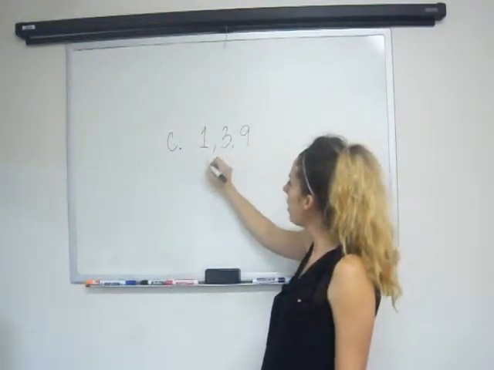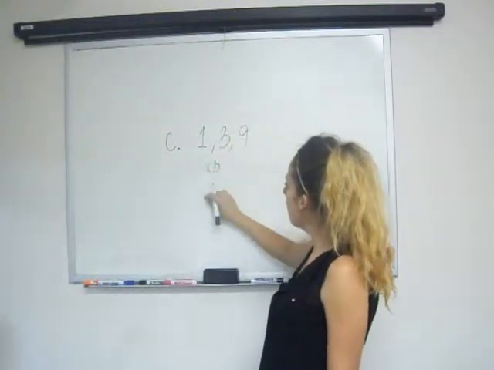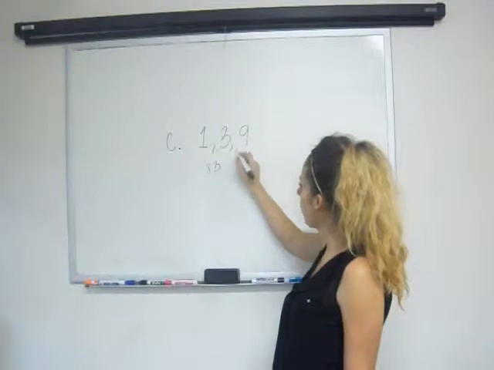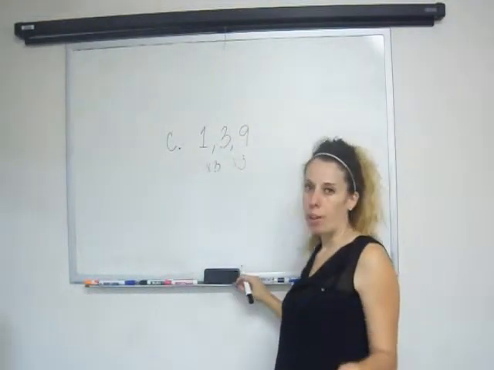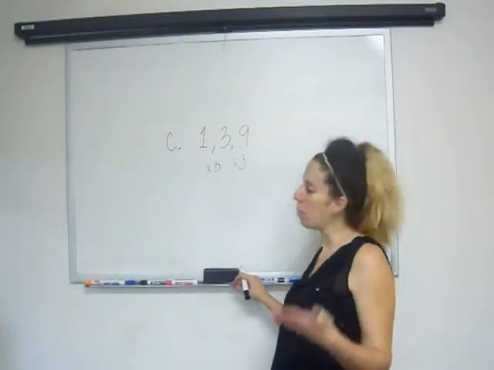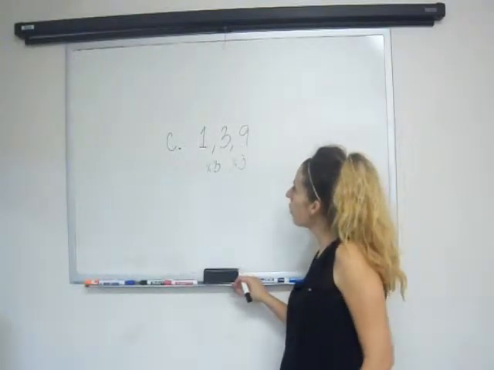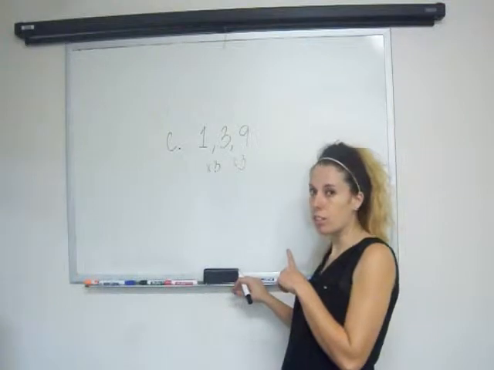So 1 times 3 is 3, and 3 times 3 is 9. So it looks like we have a pattern of multiplication, times 3. So I'm going to multiply by 3 for the next 3 terms.